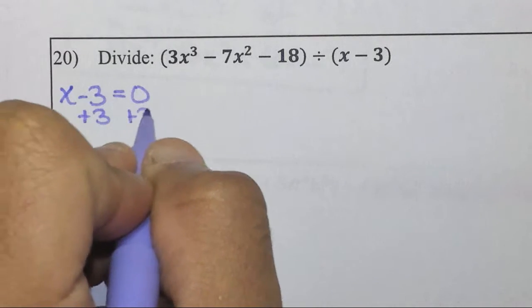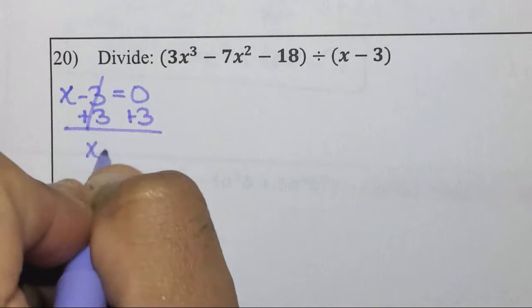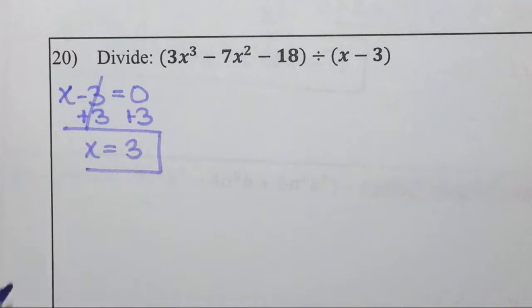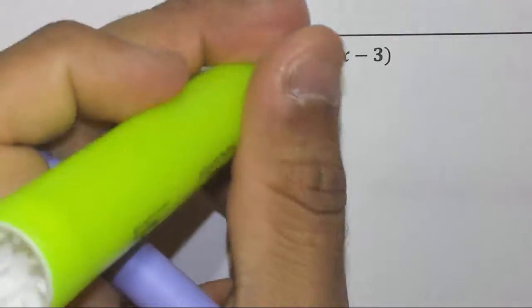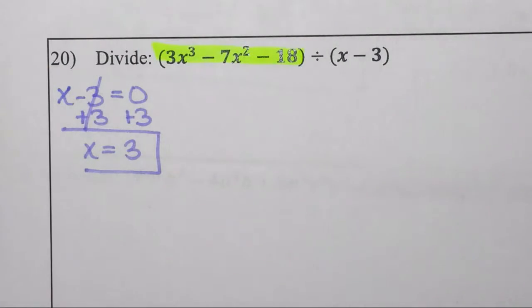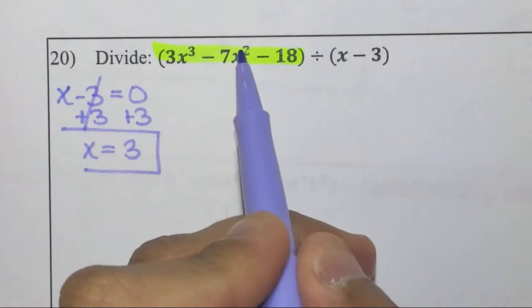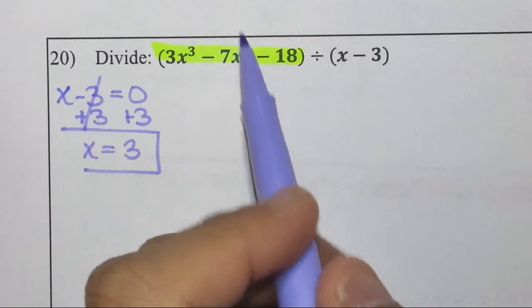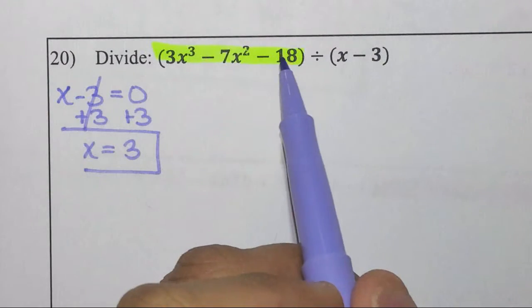Add 3 to both sides, so you get x is equal to 3. If you look at the polynomial, is there order? 3, 2, there is no order. You're missing the one with the 1, and then your constant.